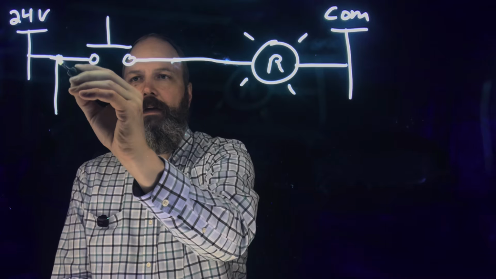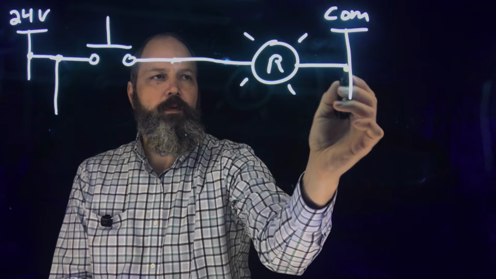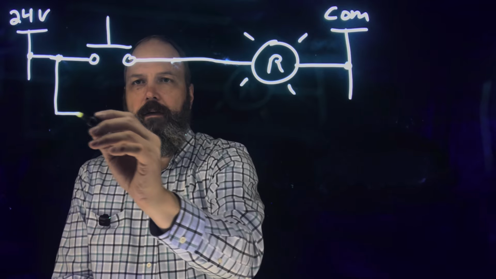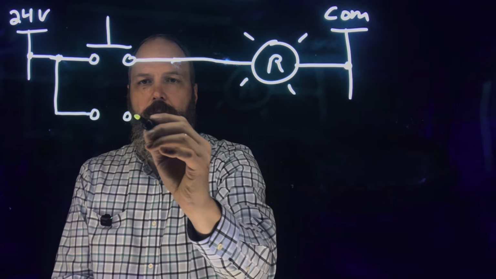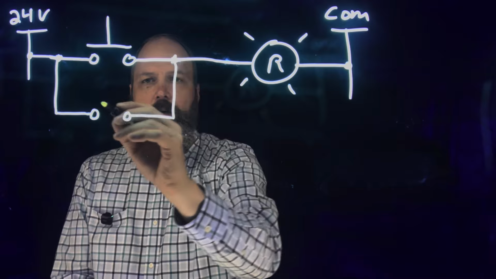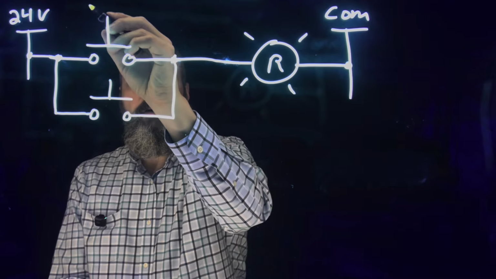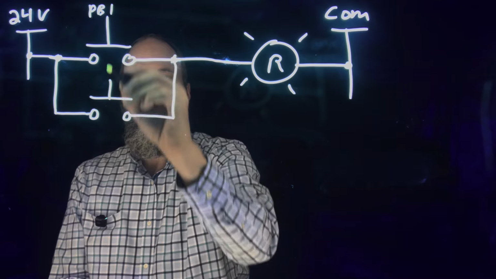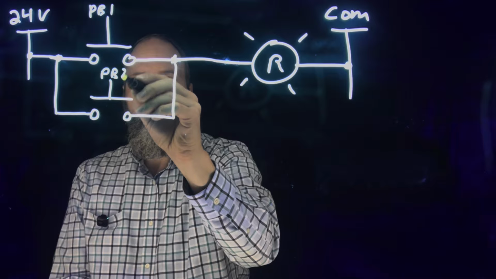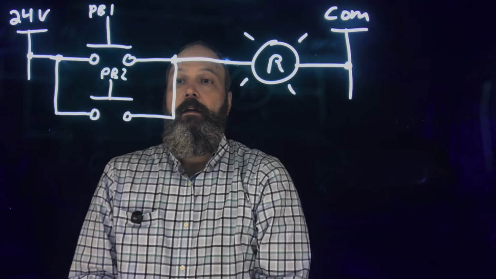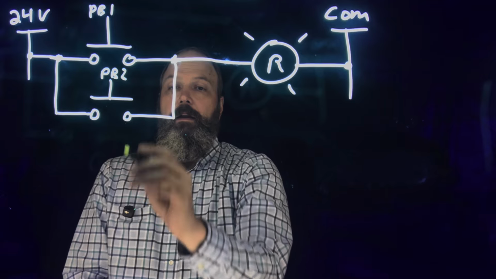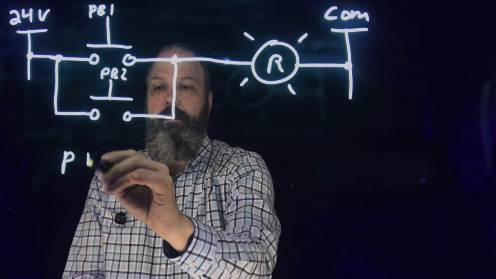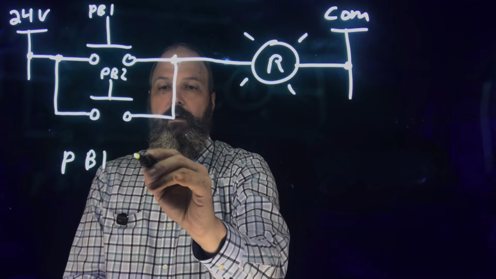Technically, you should have connection points in every place like that. I'm being a little bit sloppy here. And we can call this PB1 and PB2. Let's go back and write our truth table.